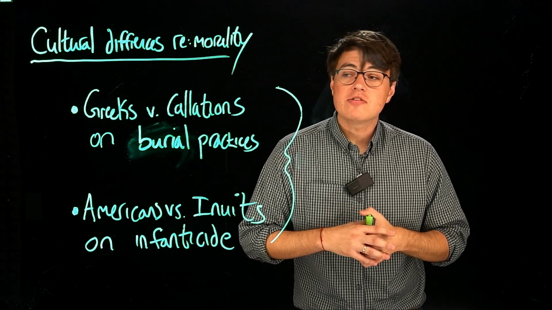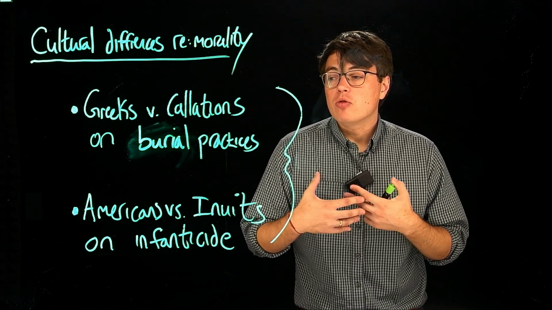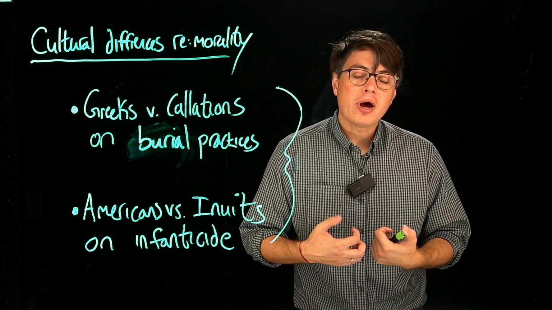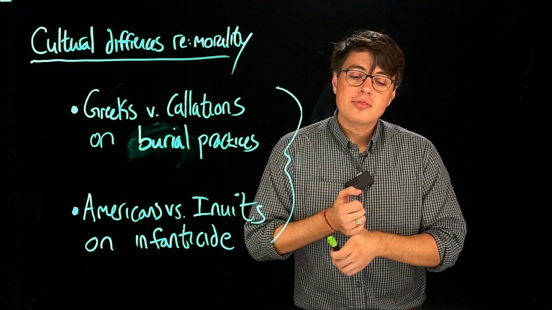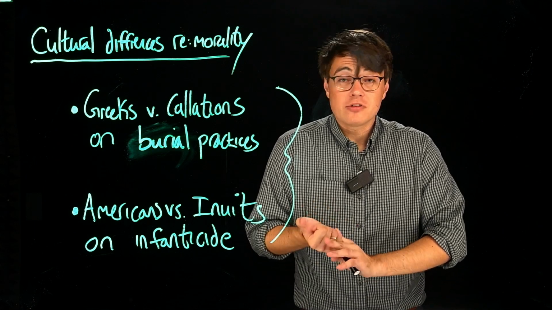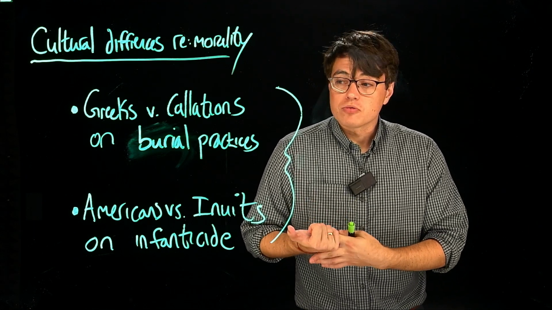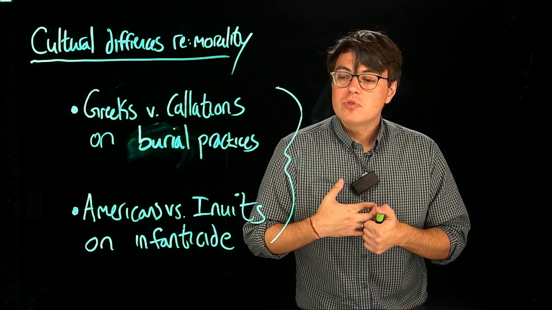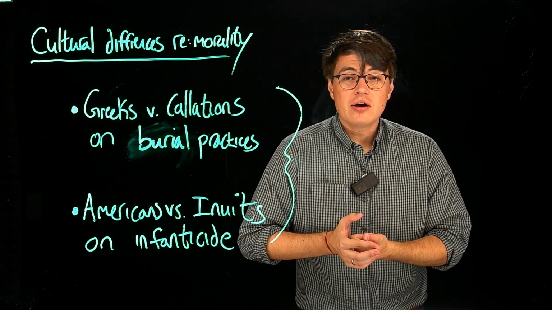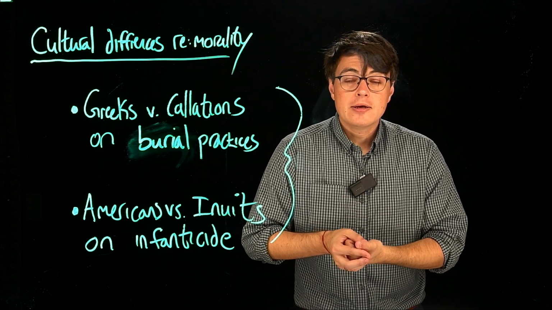A more recent example, and the sort of example that I think has inspired many anthropologists and sociologists to adopt either methodologically or philosophically cultural relativism, is this example of the Inuit practice of infanticide.